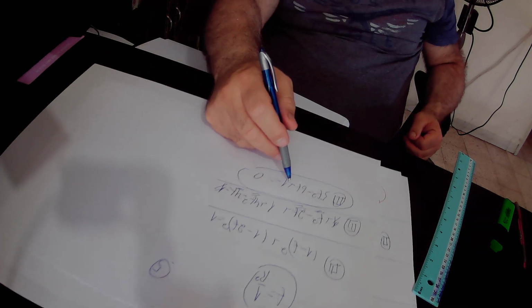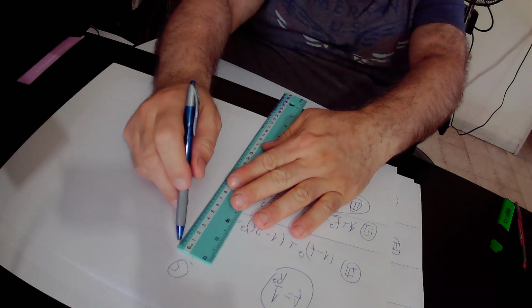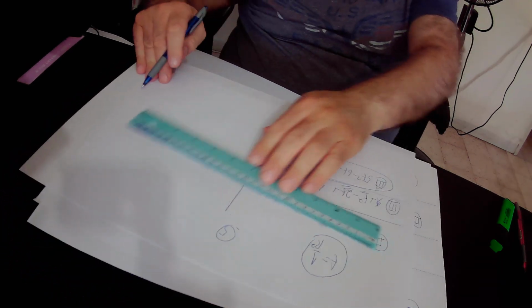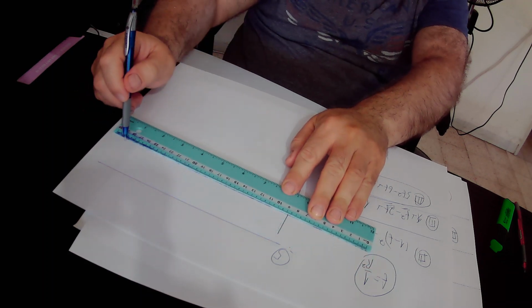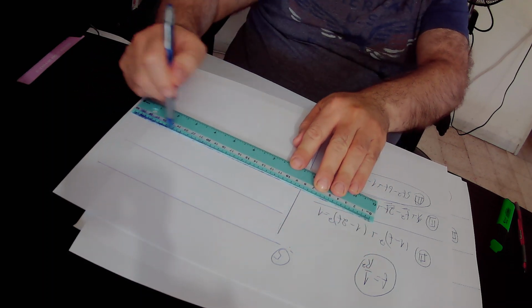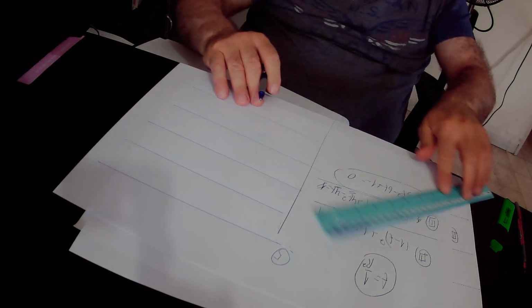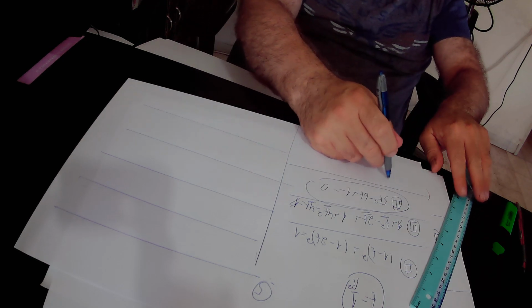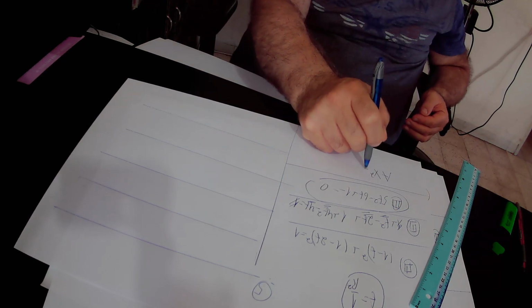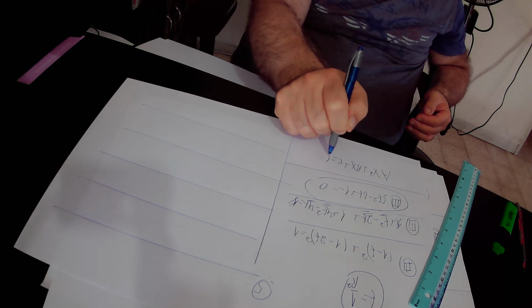This is a quadratic equation, and the general formula for a quadratic equation is ax squared plus bx plus c equals 0.